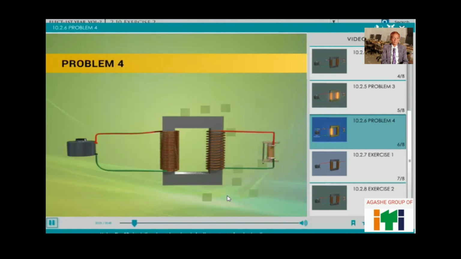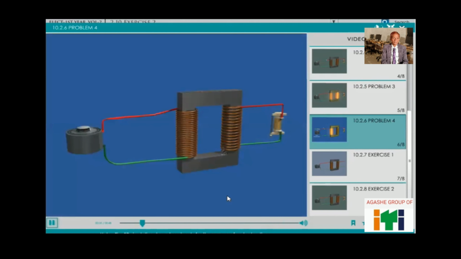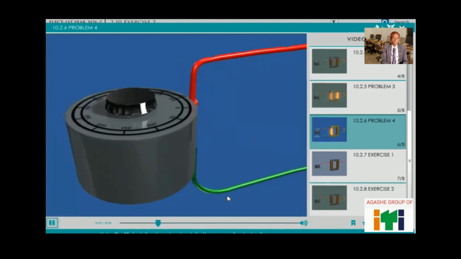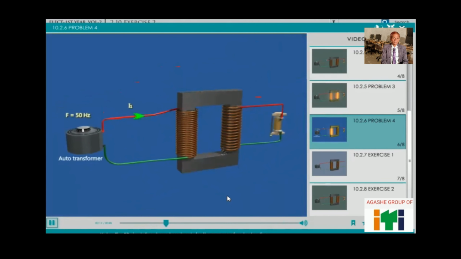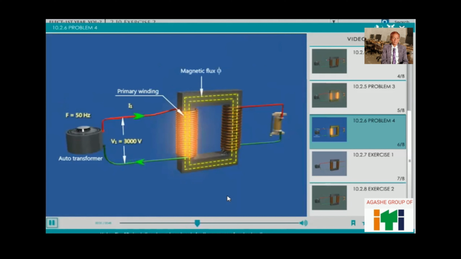Problem 4. We are going to see the problem based on transformation ratio. Frequency is 50 Hz. Input voltage V1 is 3000 volts.